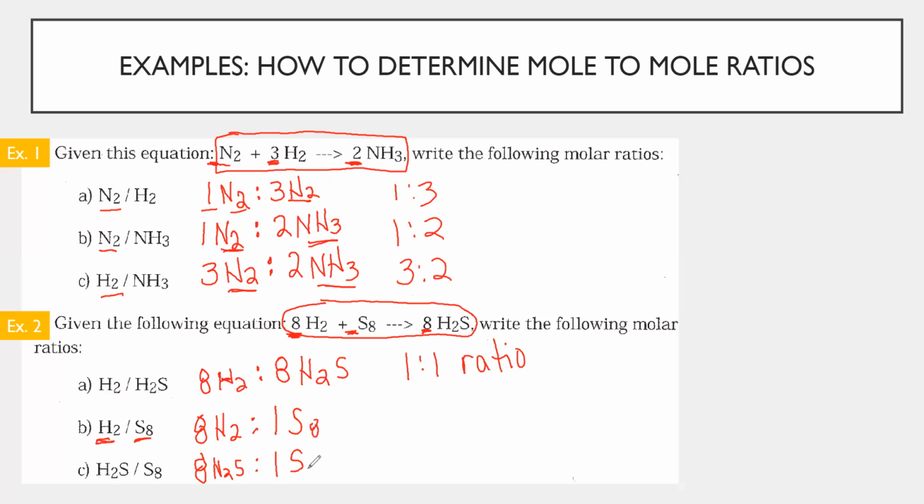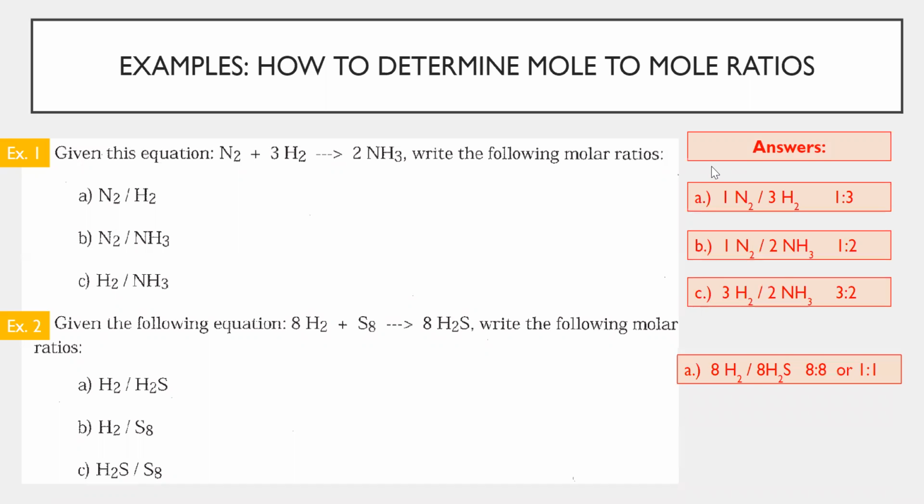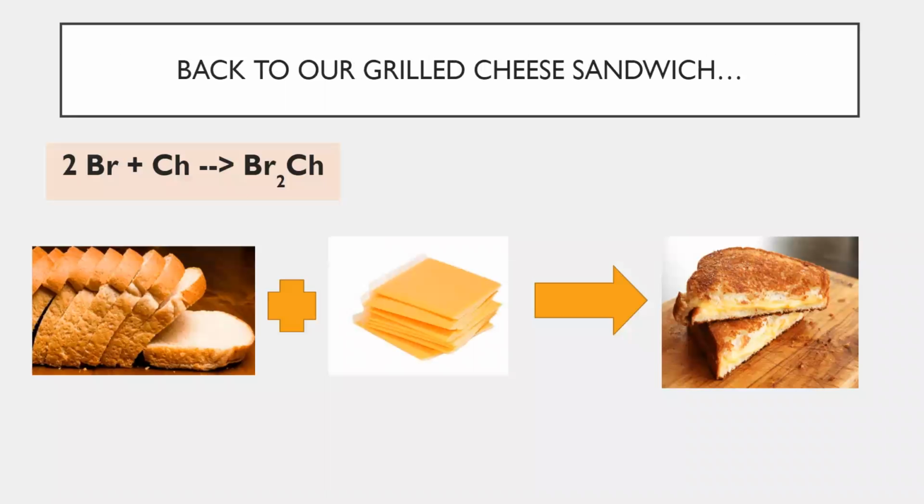I'm not putting the 8 as a subscript, but all right. So again, these are fairly easy. You're just looking at the coefficients in front of the compounds for whatever they're looking for. So the answers are here, if you need to go back and take a look.